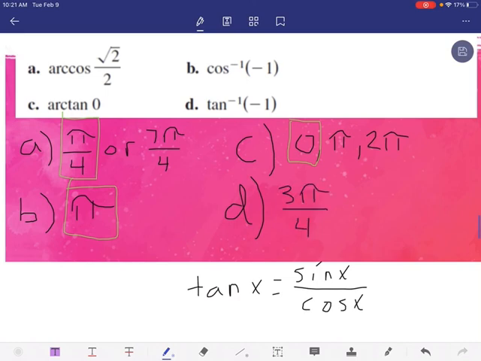In our third quadrant, both sine and cosine are negative, so we would end up with a positive tangent, which isn't what we want. So we would go to our fourth quadrant, and again, think, okay, what angle in our fourth quadrant has a reference angle of pi over 4? It's going to be 7 pi over 4.